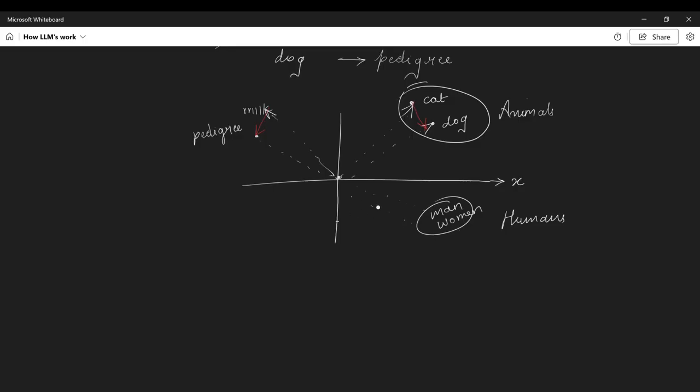And if we go in the exactly opposite direction, the same distance as we went from cat and dog towards their food likings, there is a high chance that you might find rice, dal, roti, sabzi, the food which human beings like.